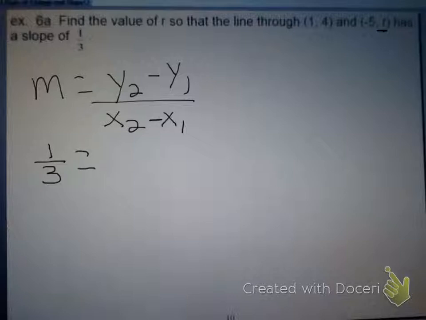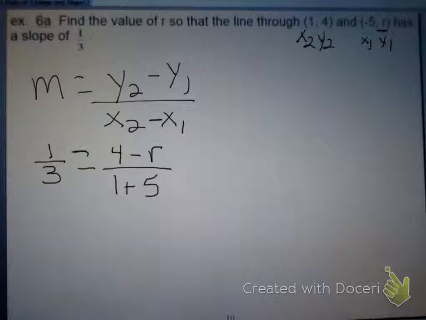I'm going to give the first point x2, y2, and the second x1, y1. y2 is 4 minus our y1, we don't know, it's r, over x2 is 1 minus x1 is a negative 5, so that's minus a negative 5, which is plus 5.